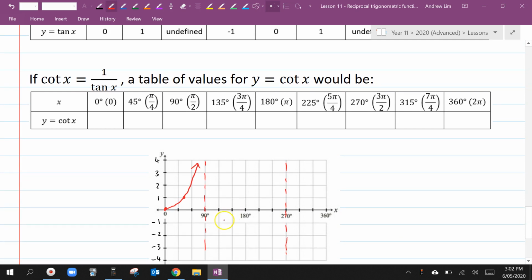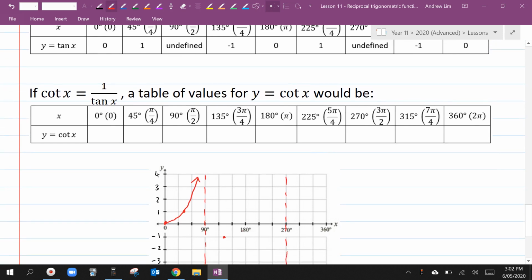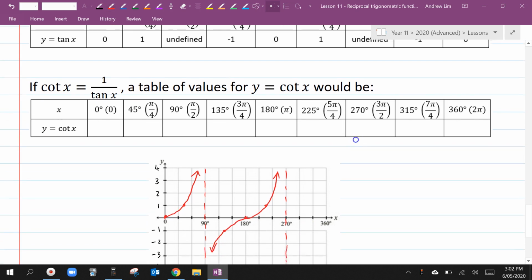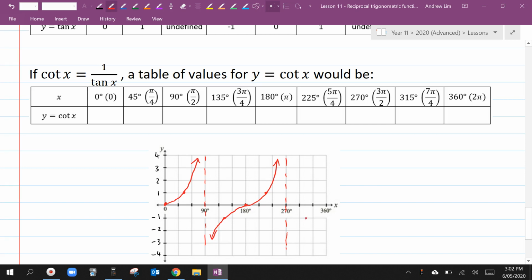135 minus 1, 180, 0, 1, and minus 1, 0. Okay, so that is y equals tan x.